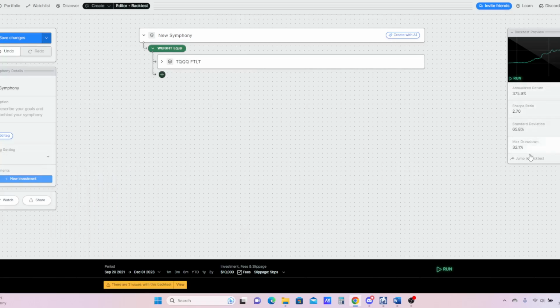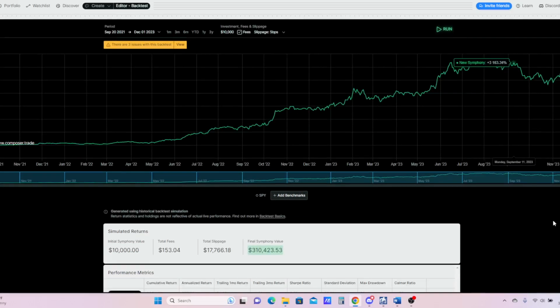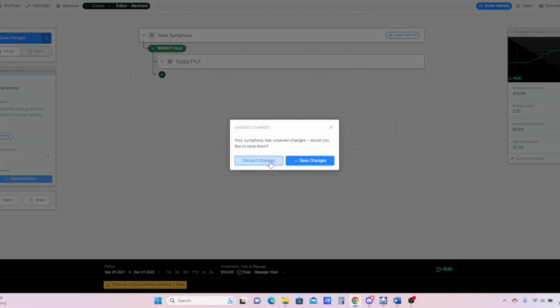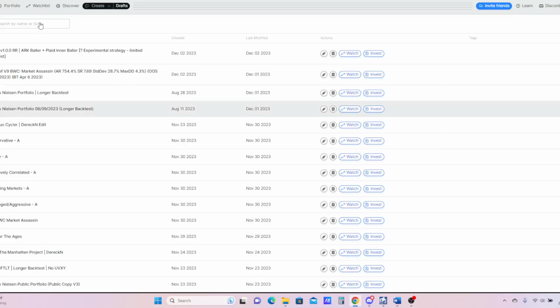So it'll say 375 annualized versus 32% max drawdown. You just can't rely on that because that's only back to 2021. So if you look at that and then you look at the longer backtest version, it only shows an annual return of 209, and even that's not going to be accurate.